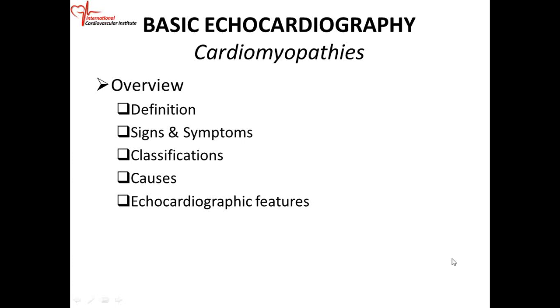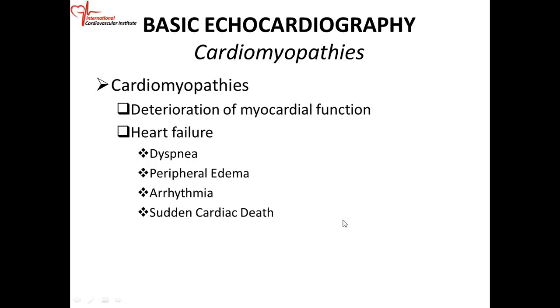So any heart muscle pathology, any heart muscle disease, that's what we call a cardiomyopathy. So we're going to define what cardiomyopathies are, some of the signs and symptoms related to cardiomyopathies, how we classify them, the causes, and then the echo features.